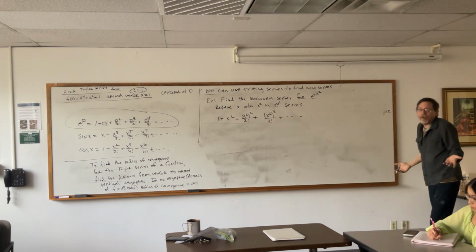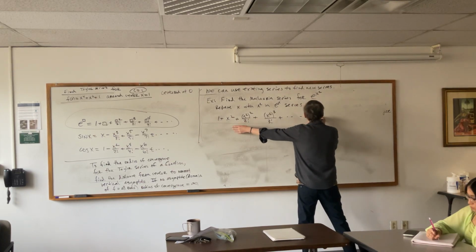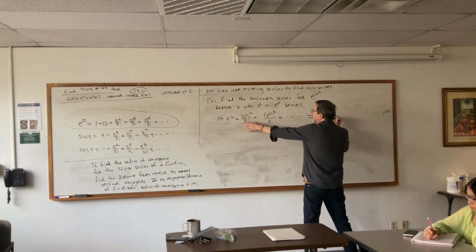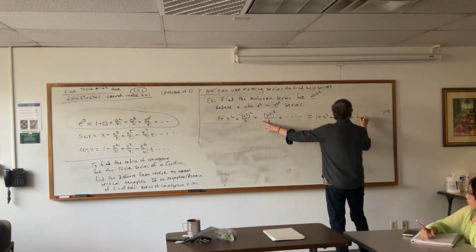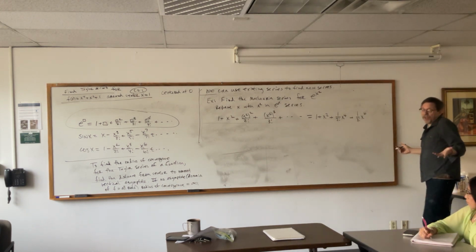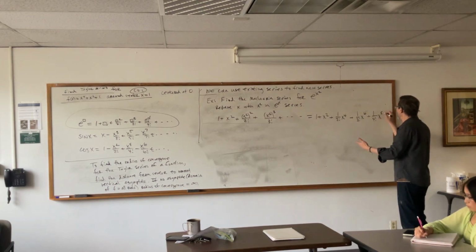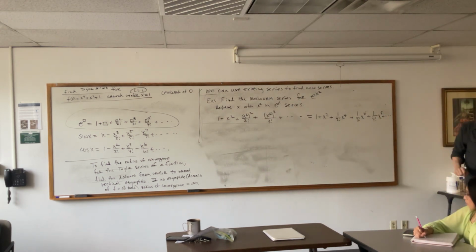And I see the rhythm now. And then I would simplify. And so I've got 1 plus x squared plus 1 over 2 factorial x to the 4th plus 1 over 3 factorial x to the 6th. And now that I've got that rhythm, I see what's happening here. It's going to be 1 over 4 factorial x to the 8th for the next one, and so on.